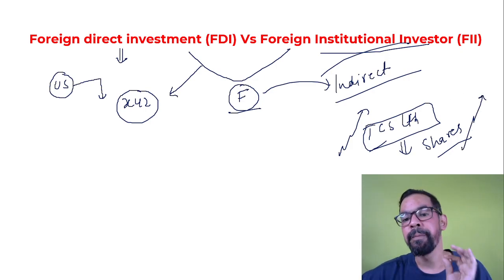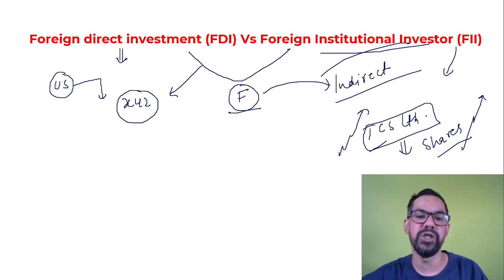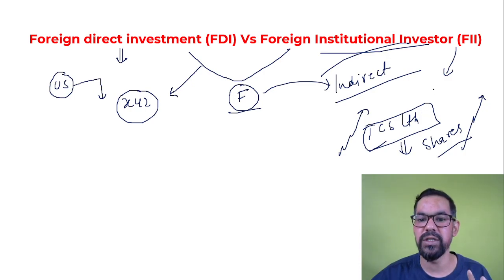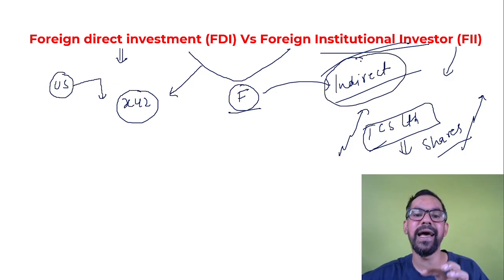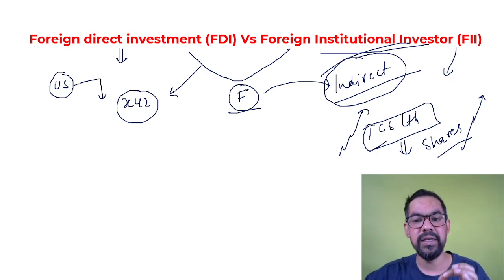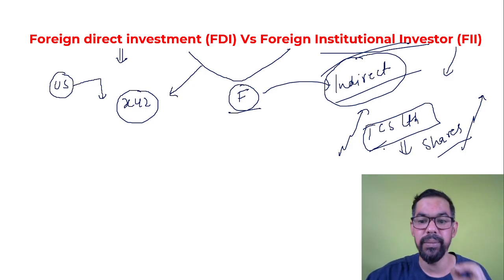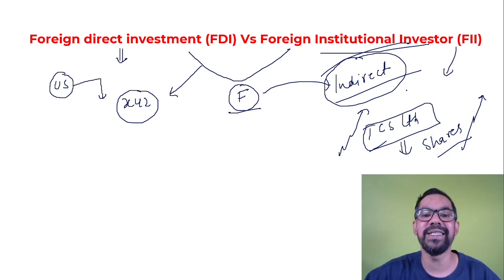So if this foreigner invests through shares in the market, through mutual funds, through bonds, he has some ownership, but the ownership type is indirect ownership, because he does not have the decision making right or the price determination about TCS. This is done by the TCS board only. But if after the decision they get some profit, the prices of shares will go up. That's why it is generally known as indirect ownership.